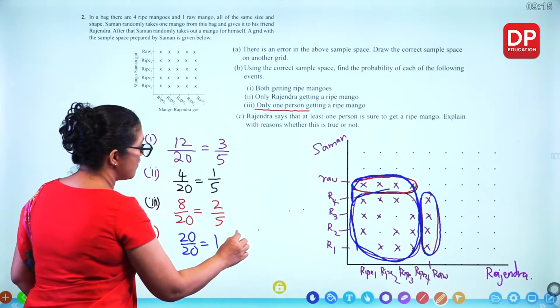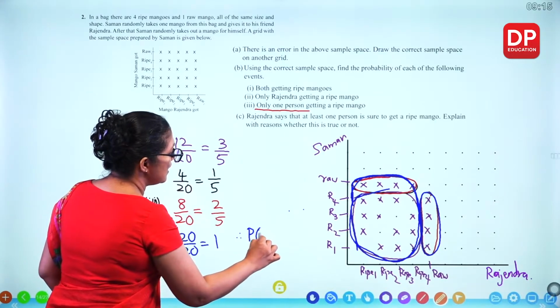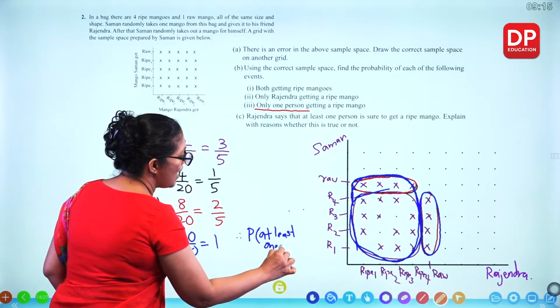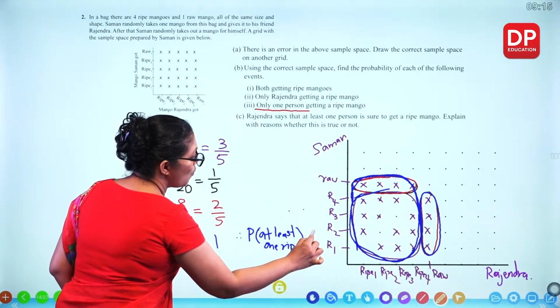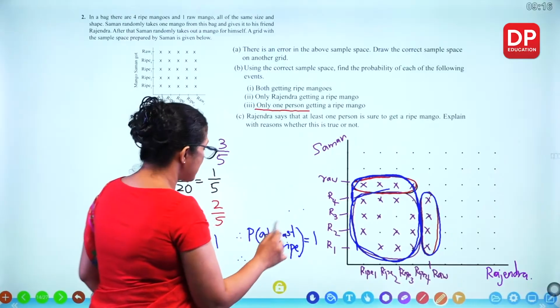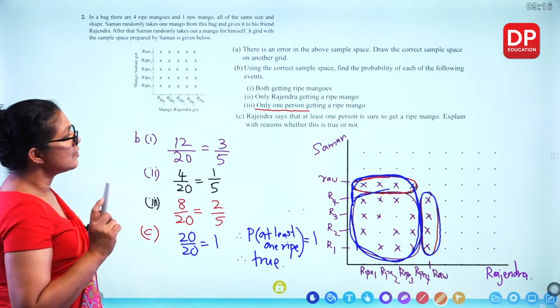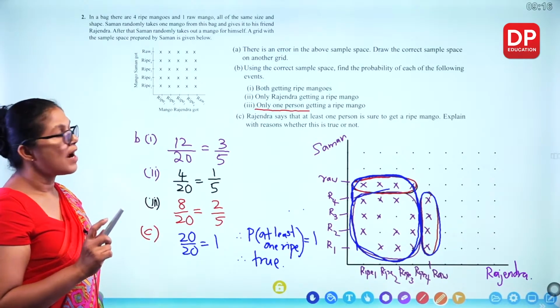So here you can write down probability. At least one ripe is equal to 1. So therefore, the statement is true. So at least one person is sure to get the ripe mango.